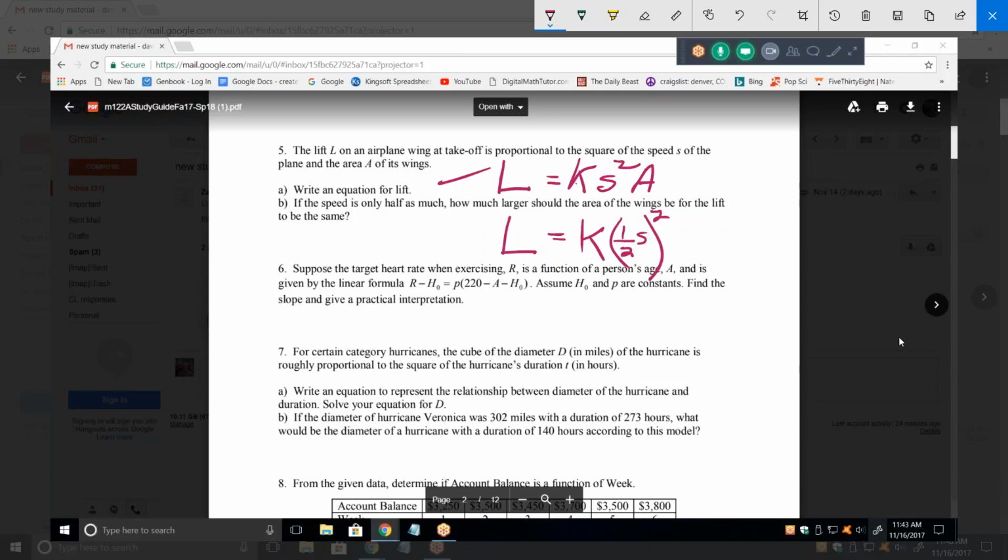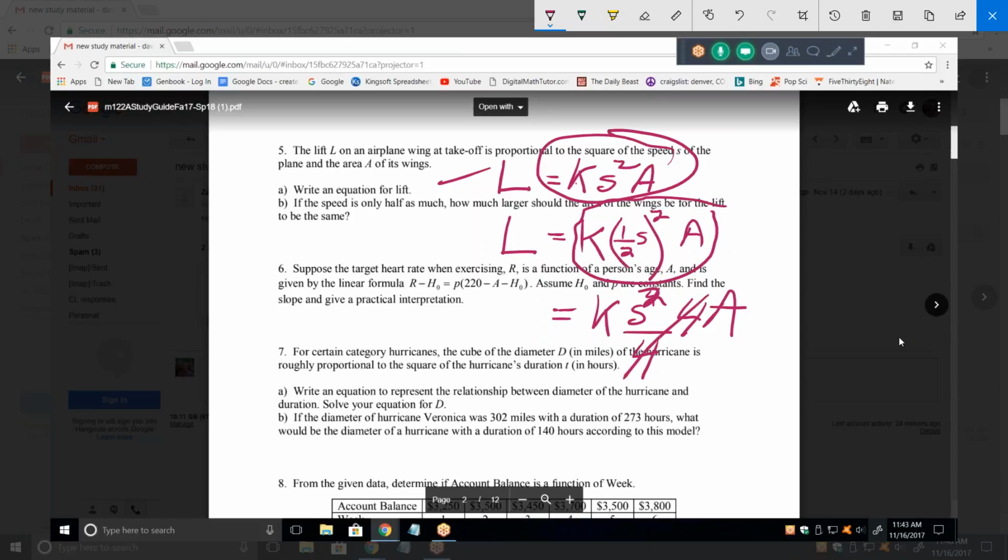What does A have to do? In other words, what do I have to do to A to make this the same as that? This now becomes K S squared over 4. What does A have to be to make it that? 4A. It has to increase by a factor of 4.